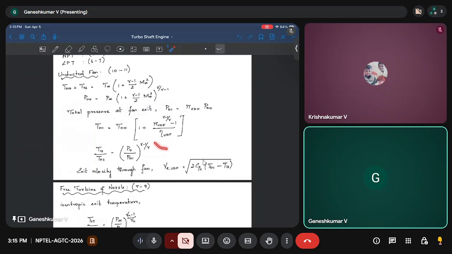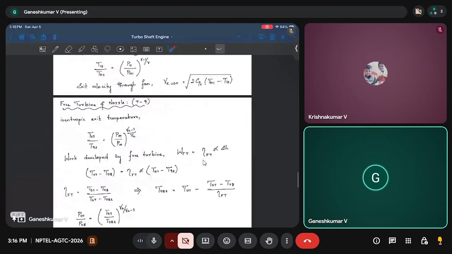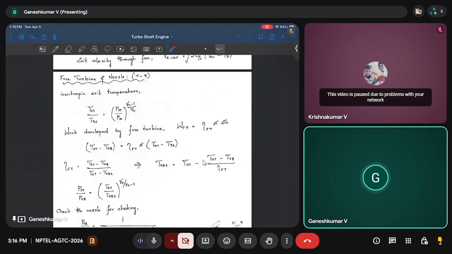Then you have a free turbine and nozzle. Some power is going to be extracted in the free turbine, and the remaining power is going to be extracted in the nozzle. The amount of power extracted at the free turbine is given by this power split factor, which we studied in the turboprop engine.